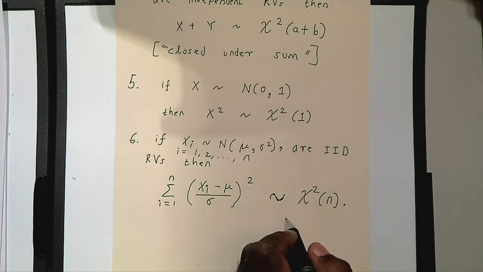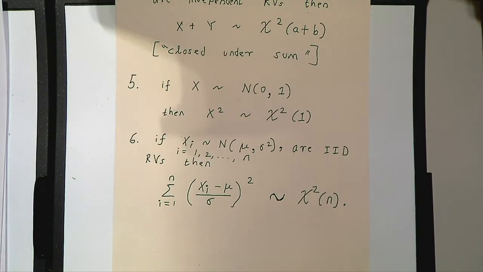I hope you know, I mean from probability 1. Whenever I use the notation tilde, it means distributed as, right?